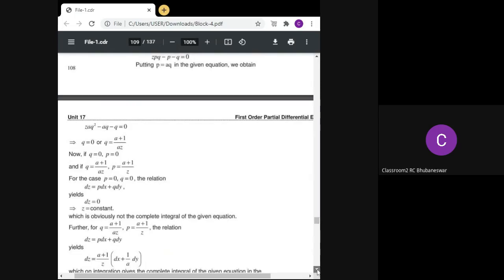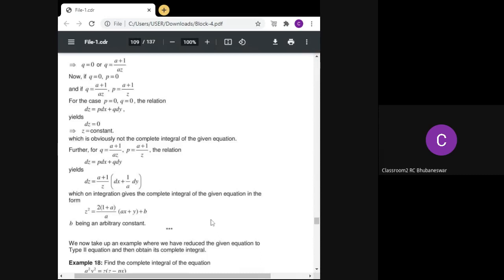After substituting the values of small p and small q obtained earlier, we can easily integrate both sides to get the solution, which will be the complete integral of the differential equation of first order.